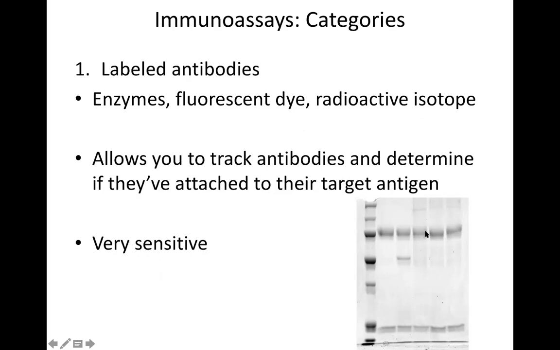So this is an example that I took from my research back in the day. What I did here is I took a bunch of mouse poop and ran it on this gel. And then I took the blood serum from a mouse and I put it on top of the gel essentially.